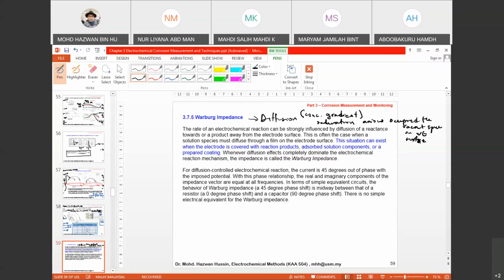Okay, so this happens when you have a migration or electrostatic interaction first, and then after the electrostatic interaction, you will have migration, and then after that a difference of concentration, or a concentration gradient, which eventually creates so-called diffusion.